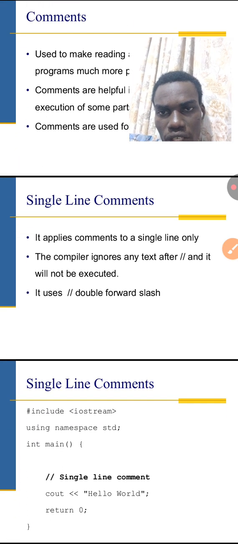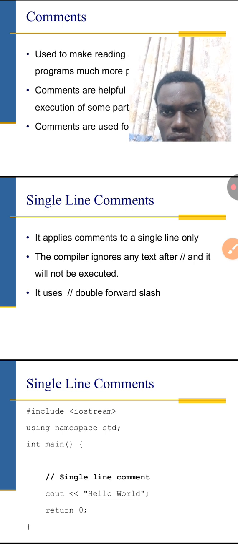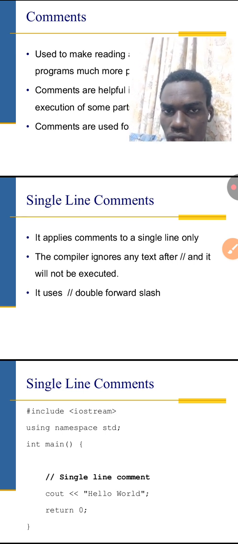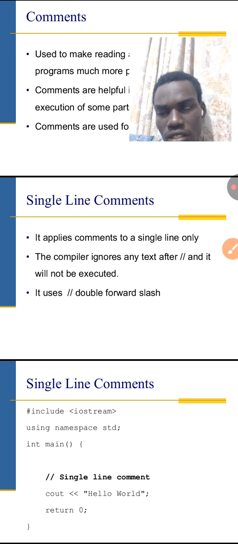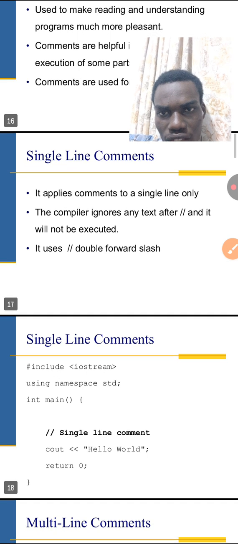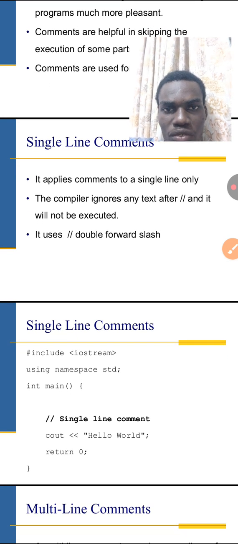So we have the single line comment. It applies a comment to a single line only. The compiler ignores any text after using this, and it will not be executed. So it uses a double forward slash.